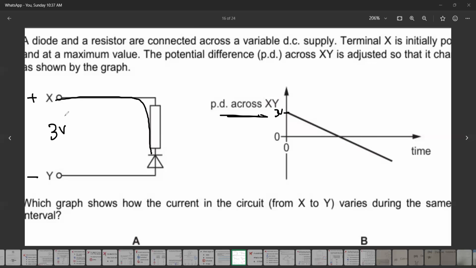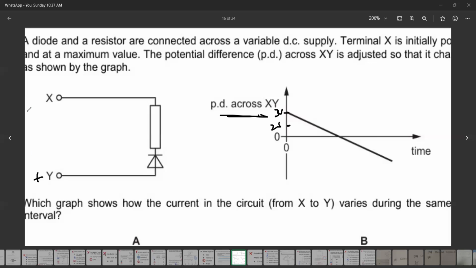Then if I reduce the voltage, I did not change the polarity, but if I reduce the voltage to 2 volts, can a diode conduct? No, it won't conduct. Even though the voltage is there, the polarity is wrong, so the diode cannot conduct. If the voltage is zero, again the diode will not conduct. Then we change the polarity.